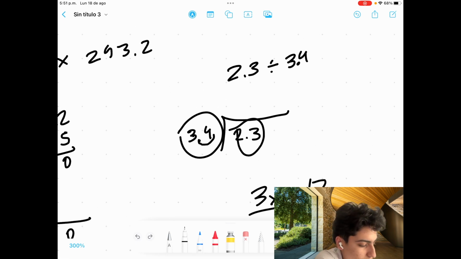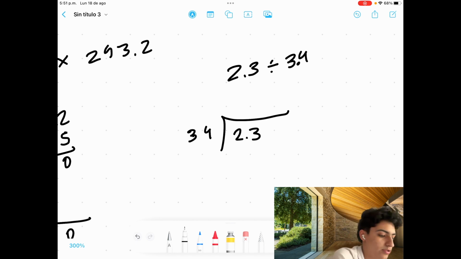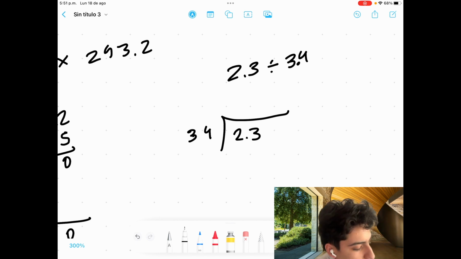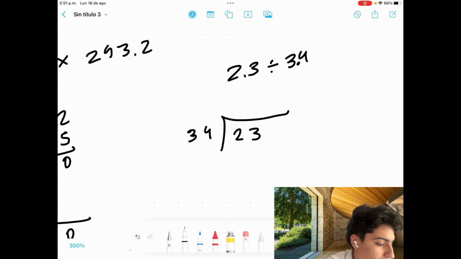So obviously it's different. In this case, we move it and it's 34. Now we have a whole number, which is easier to understand than a decimal. And here, we also have 23. And then you just solve it, right?